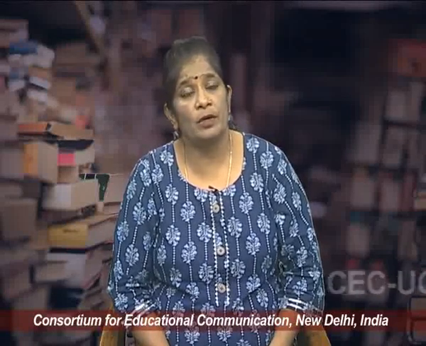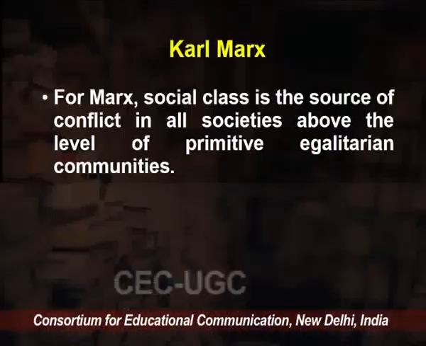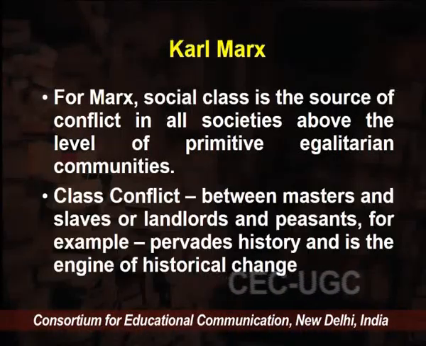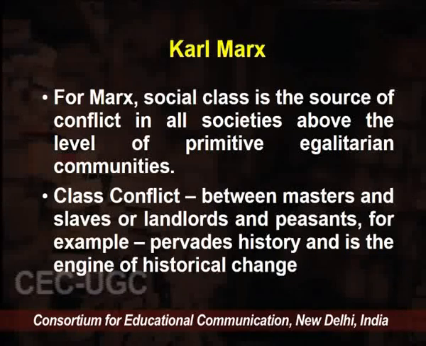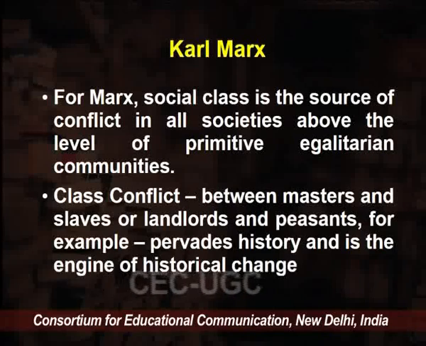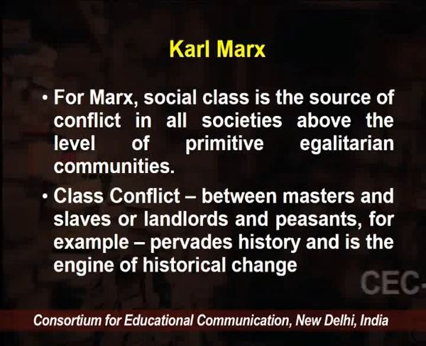So social class becomes the source of conflict in all societies, whether we look at primitive communism or at capitalist society. So it is a class conflict, and the conflict is between two categories or two groups. In earlier societies, we see conflict between masters and slaves, landlords and peasants, and this has been a part of history.